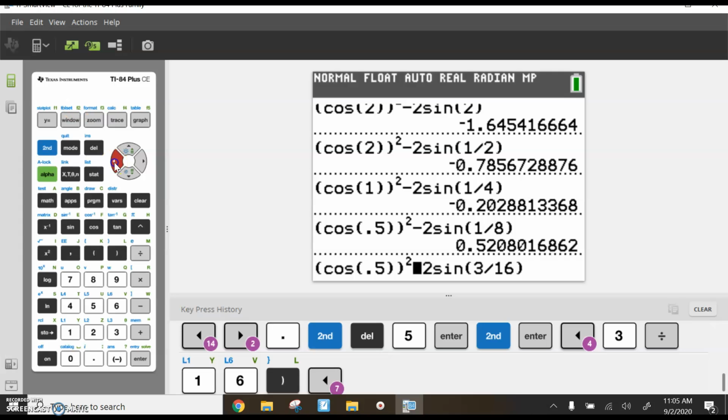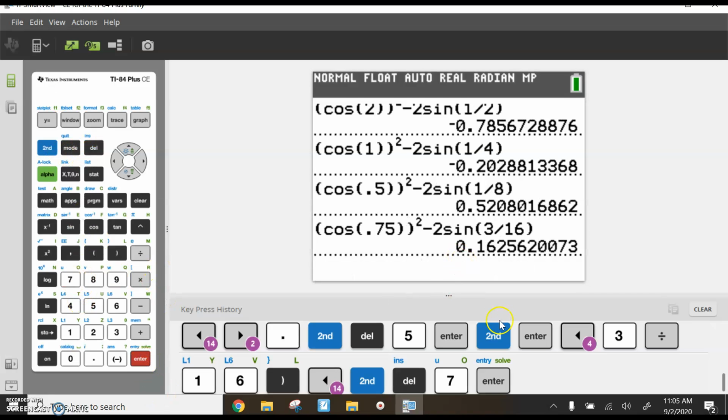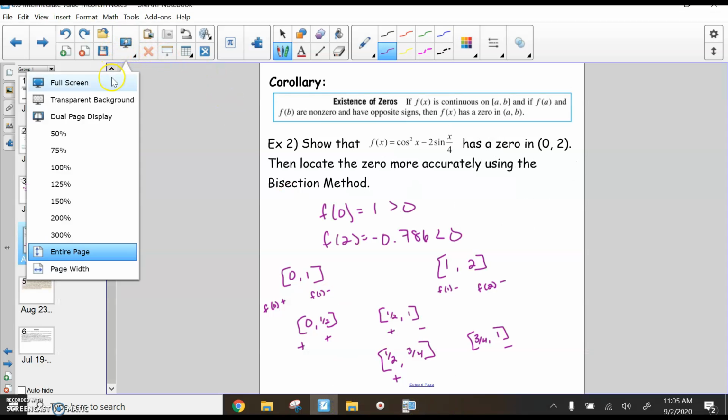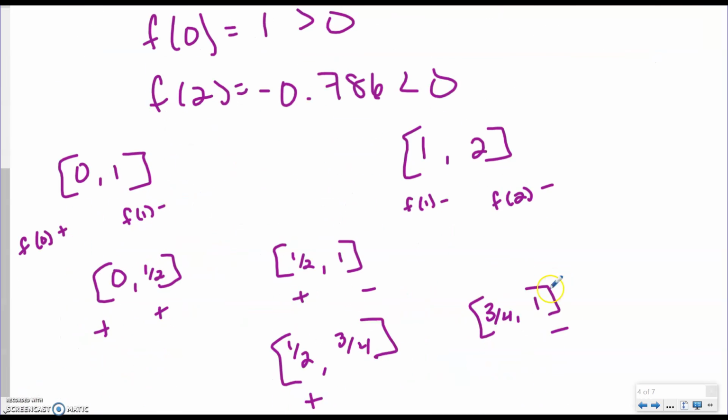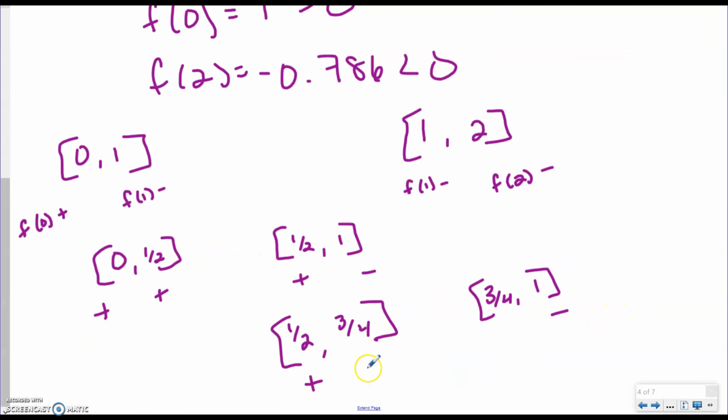And then this would be 0.75, and then we're going to hit enter. And we get a positive there. So my 0 has to be between those two values. So we're going to test one more time.